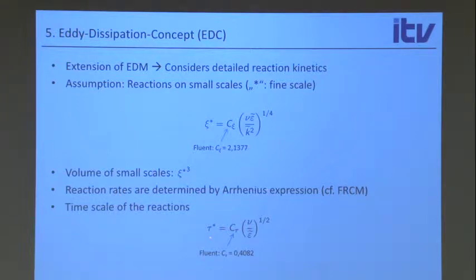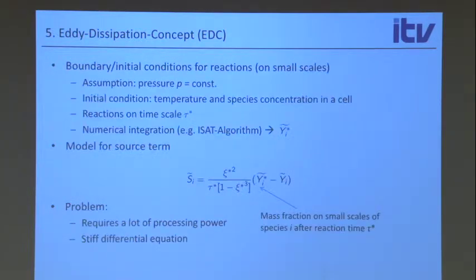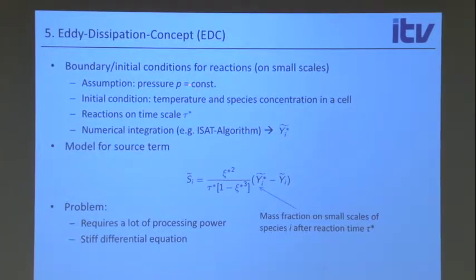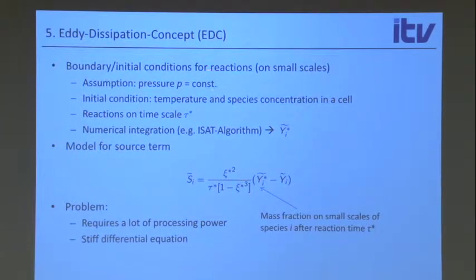So that's the volume over which the reactions happen. And then here I define a time scale also for this. And you see I use the same quantities to define the time scale. So also this is a small scale time scale. This here is actually the Kolmogorov time scale. So then what I do is I solve just a homogeneous reactor.